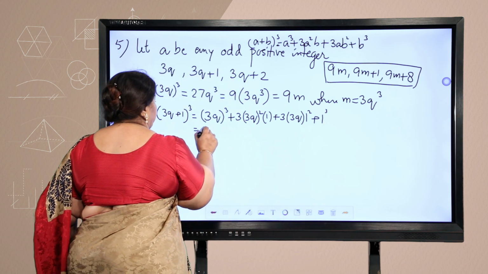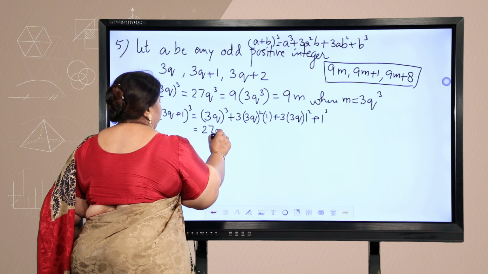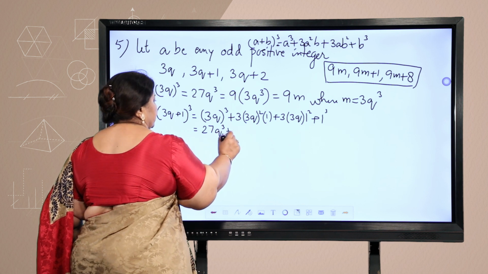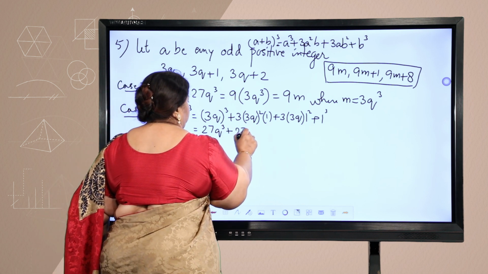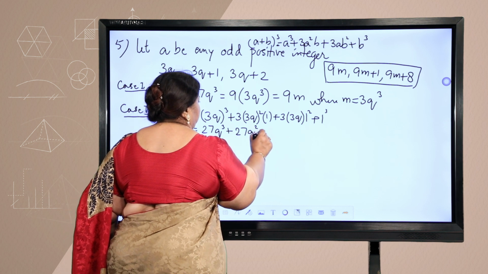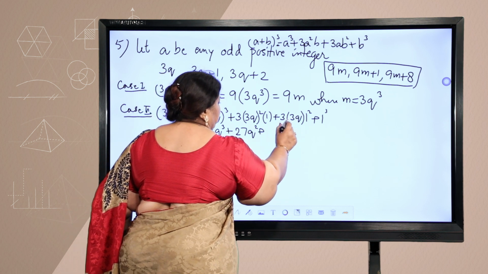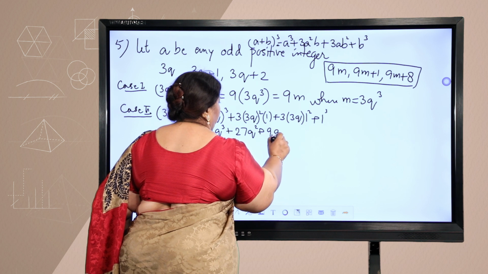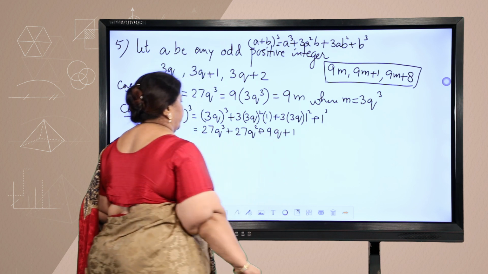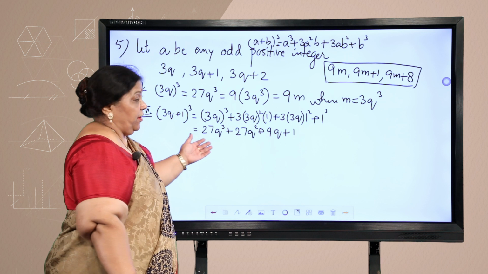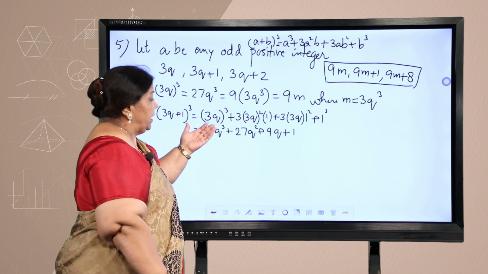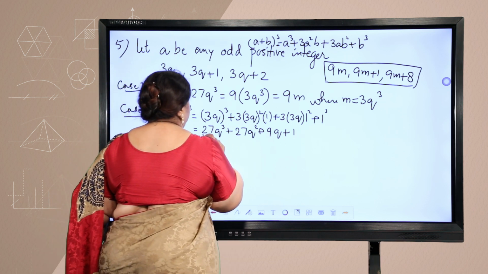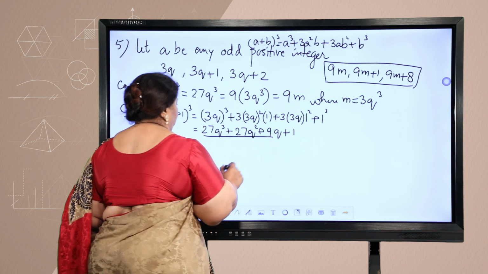On simplification, that gives me 27q cube plus 9 3s are 27q square plus 3 3s are 9q plus 1. Let us see if I can express in the form 9m plus 1. Here, can we take 9 common?